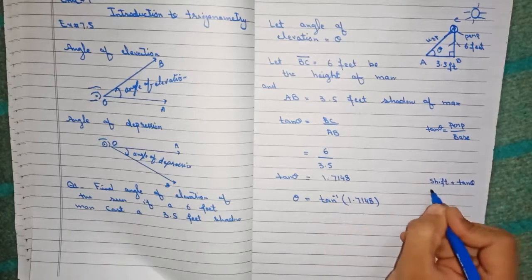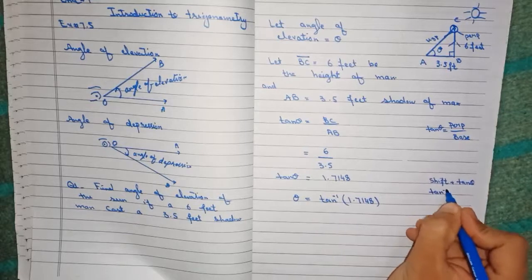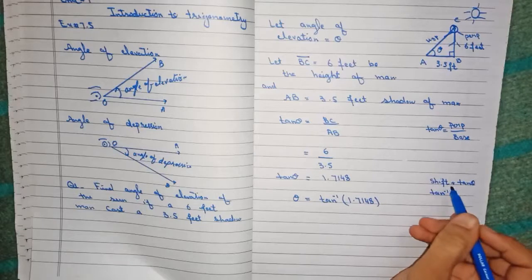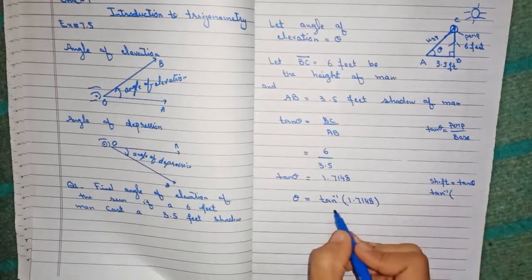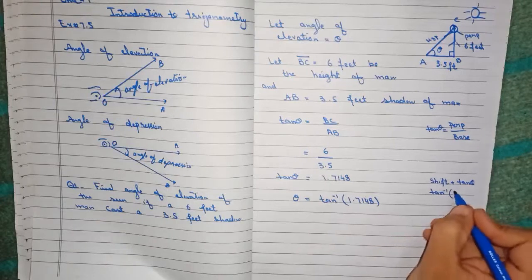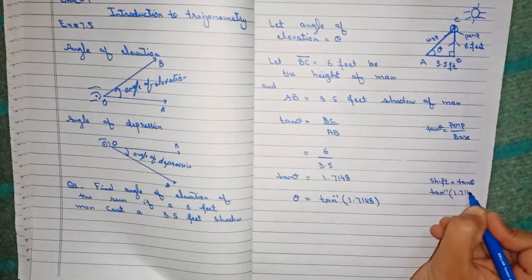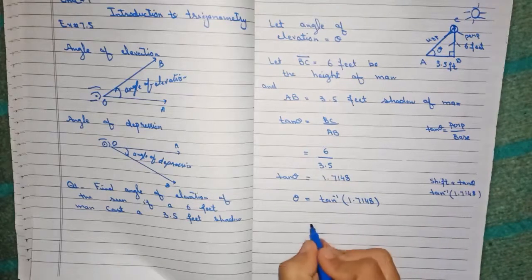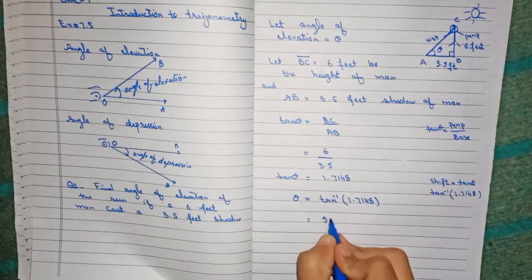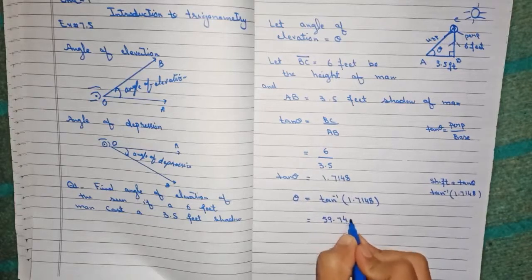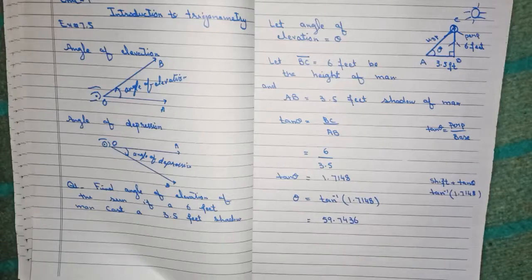Tangent inverse will appear after pressing these two buttons. Write the value 1.7148 and you will find the answer, which is 59.7436.